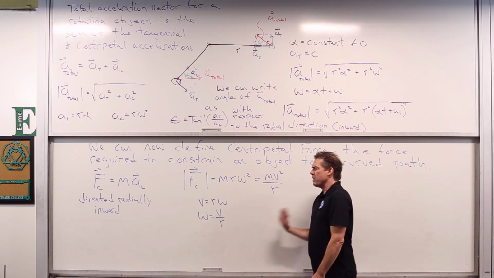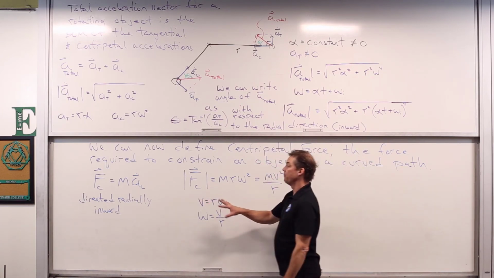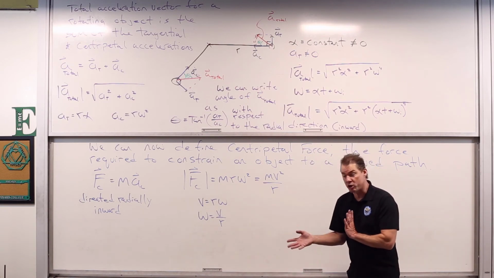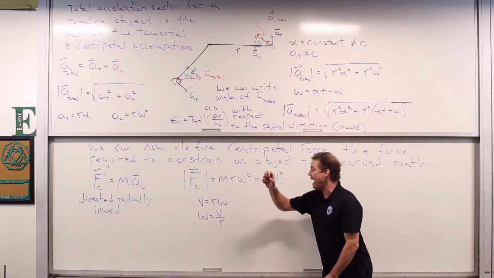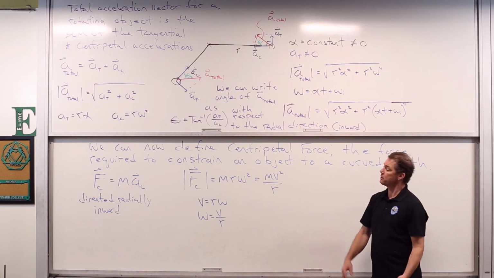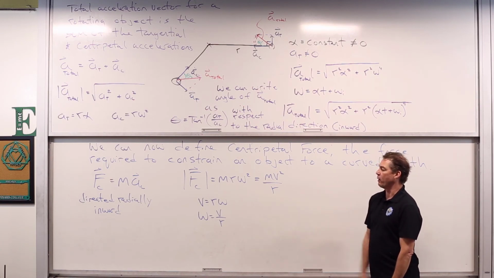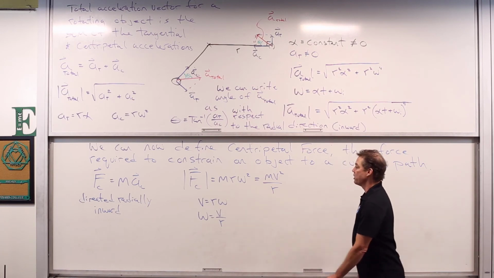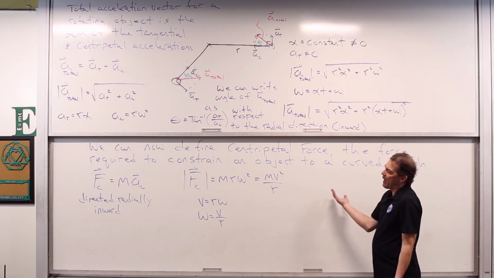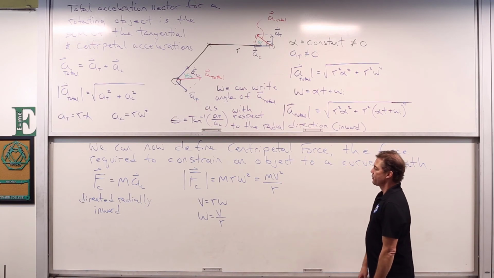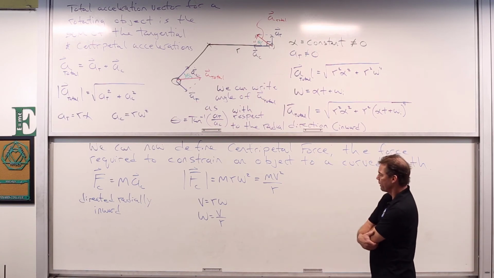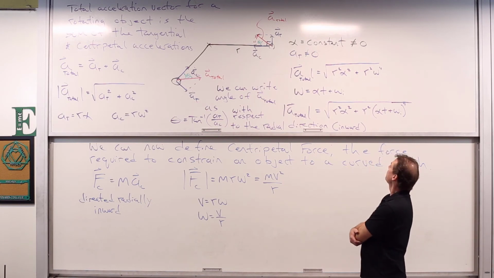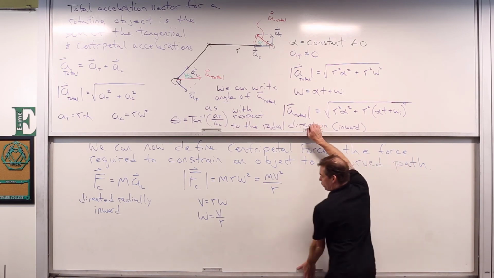So again, the centripetal force really depends on the system in terms of what is producing it, but this is how we quantify it: m r omega squared or m v squared over r. It depends on the angular rate of rotation, the radius at which that occurs, and the mass as well, as it should.